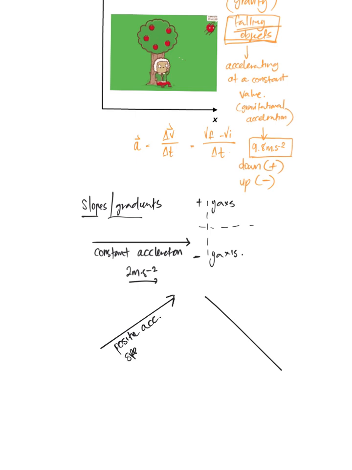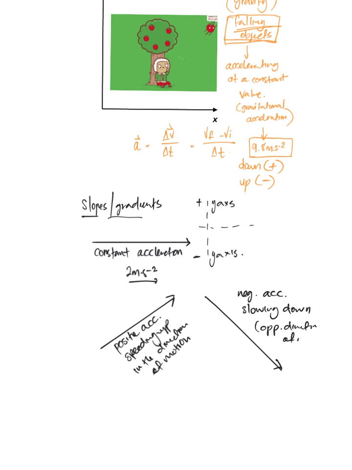You're speeding up in the direction of motion. This one is a negative acceleration, means you're slowing down. And it also means you're going in the opposite direction of motion.